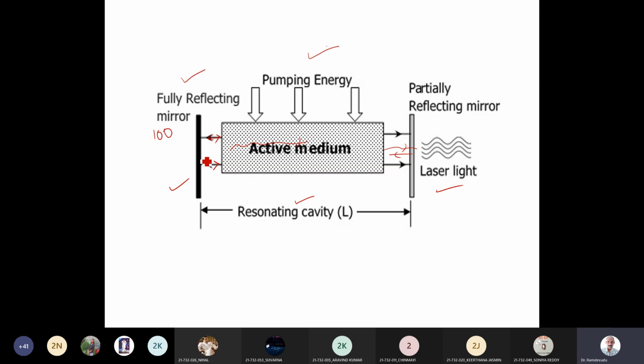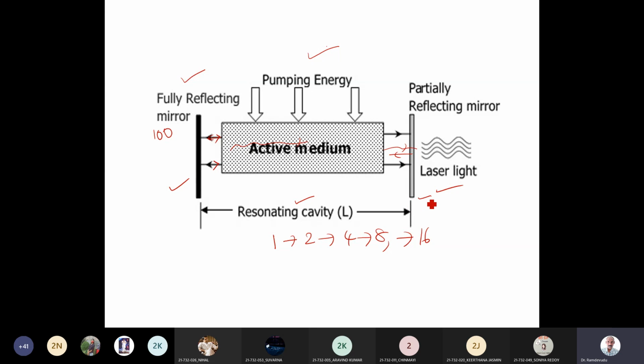For each return trip, it induces one photon. And the two photons, if you repeat, induce two more photons. Therefore, one photon becomes 2, 2 will become 4, 4 will become 8, 8 will become 16. Like this, photons will increase when they are moving through the active medium between the two mirrors.